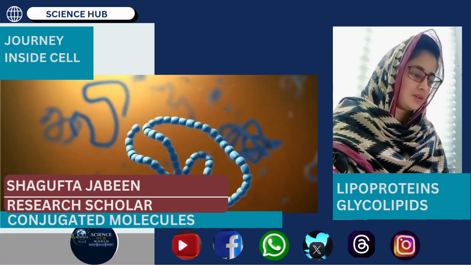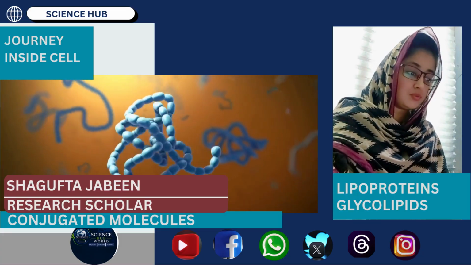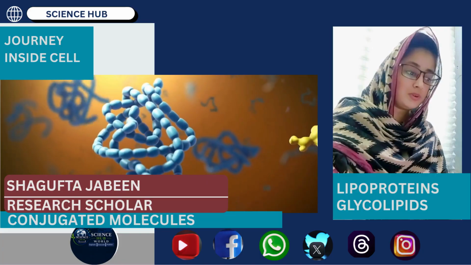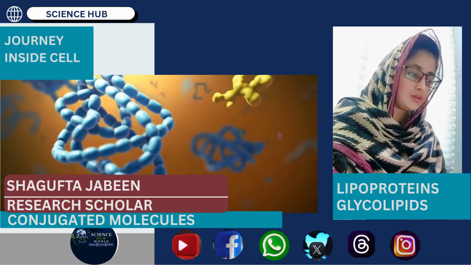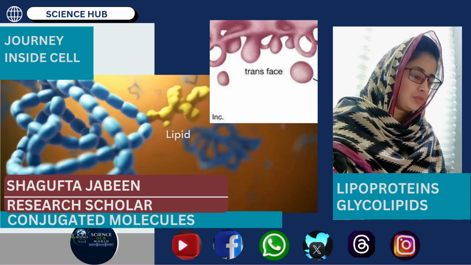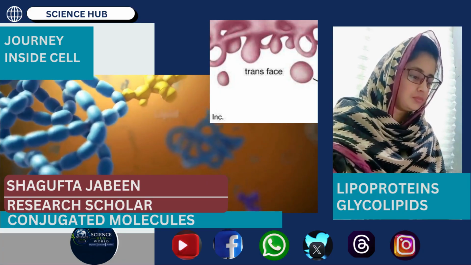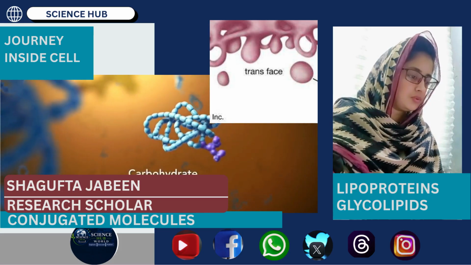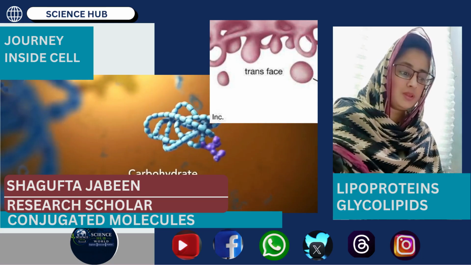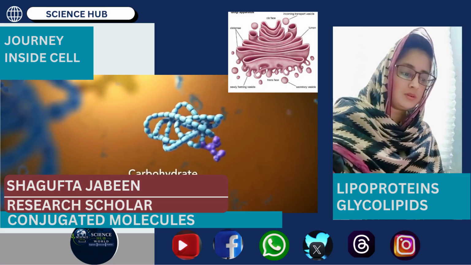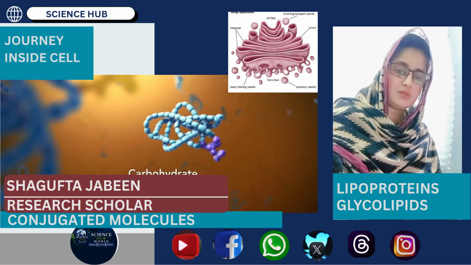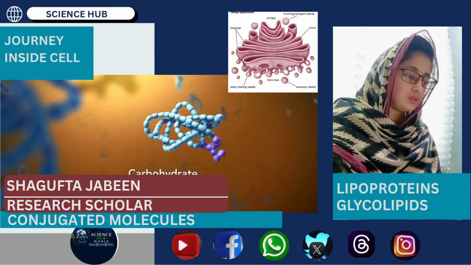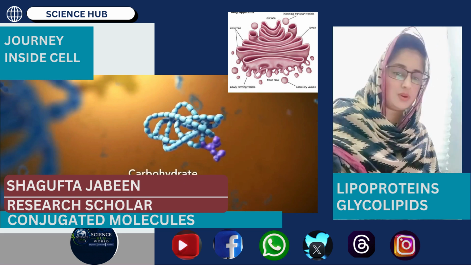Proteins and other materials then emerge from the endoplasmic reticulum in the form of vesicles. When they are packed and they emerge from the endoplasmic reticulum, they are then received by the Golgi bodies, sometimes also called the Golgi apparatus.